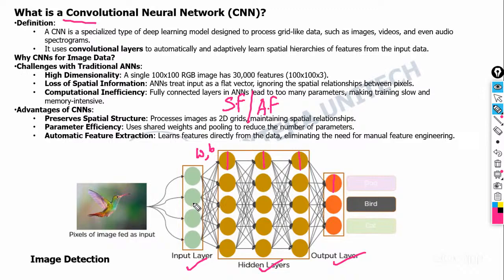No. The parts that I'm discussing, summation function and activation function, you will have only under hidden layer neurons and output layer neurons. But as part of the input layer, there is no summation function, there is no activation function. Don't get confused.